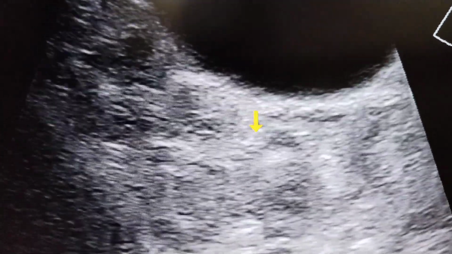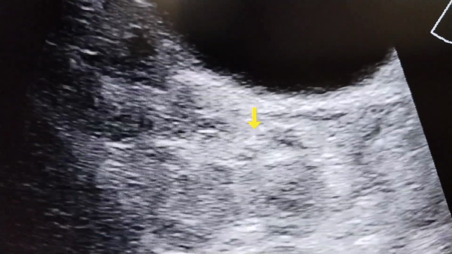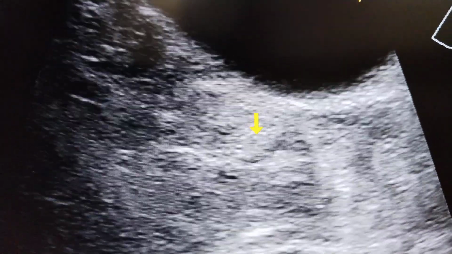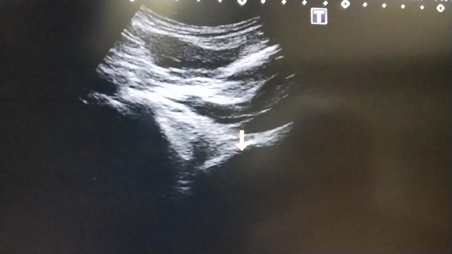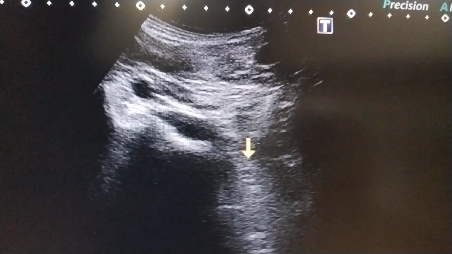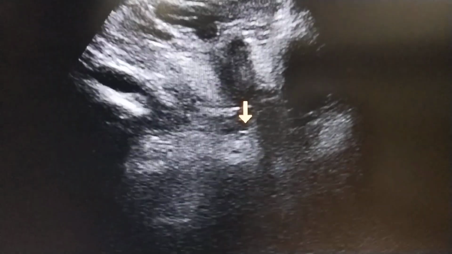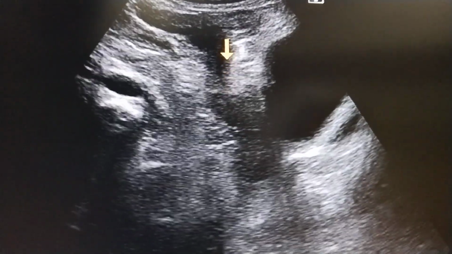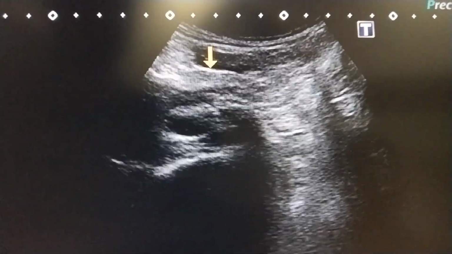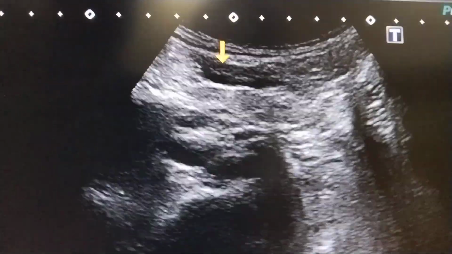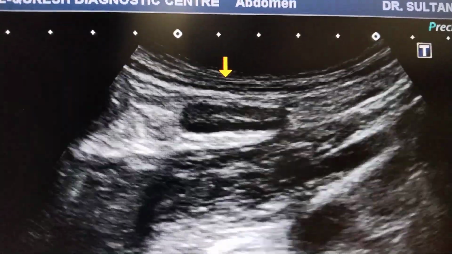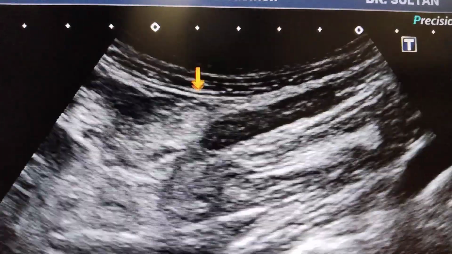So it is a pancolitis, with the conclusion of ulcerative colitis that has involved the whole large gut, just sparing the rectum.